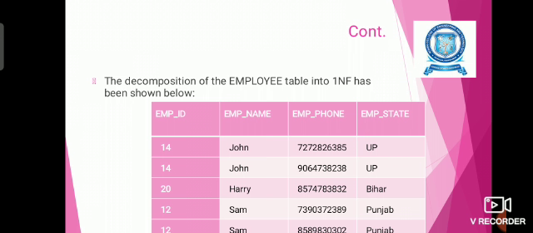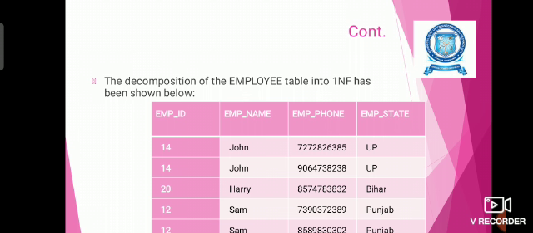We created one more row for the employee John, and in this new row we have added the additional phone number, while the other attributes have the same values: employee ID, employee name and employee state.